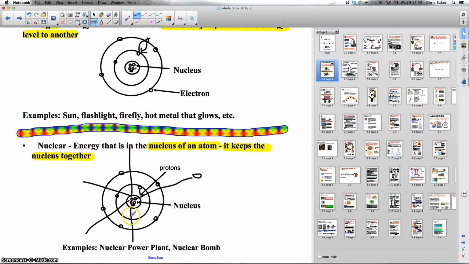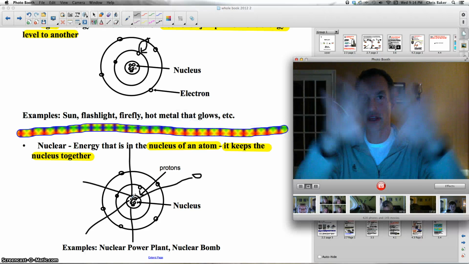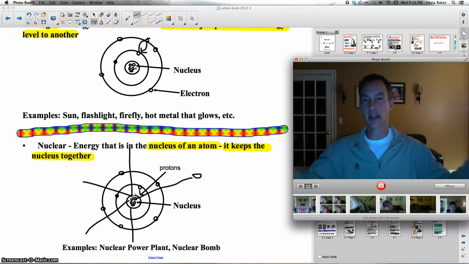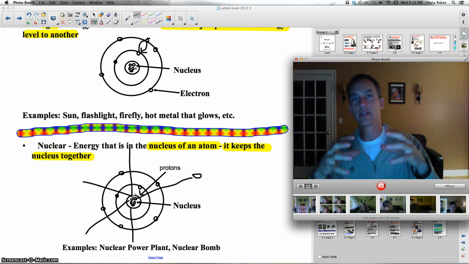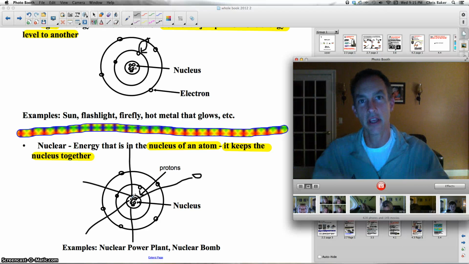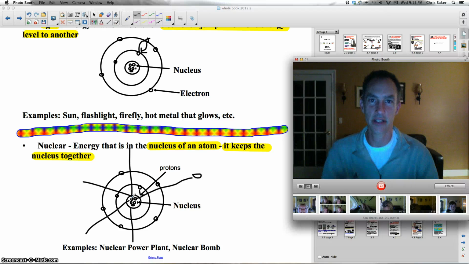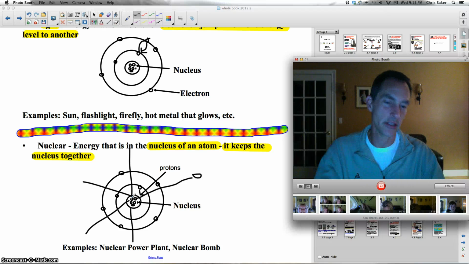You'd have particles flying out. You would release all that nuclear energy. All that nuclear energy would be released, and that's what makes a nuclear bomb, or that's what makes the beginnings of a nuclear reaction in a nuclear power plant that delivers nuclear energy to different people.